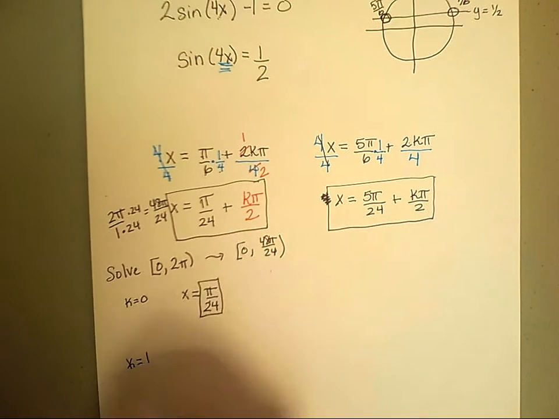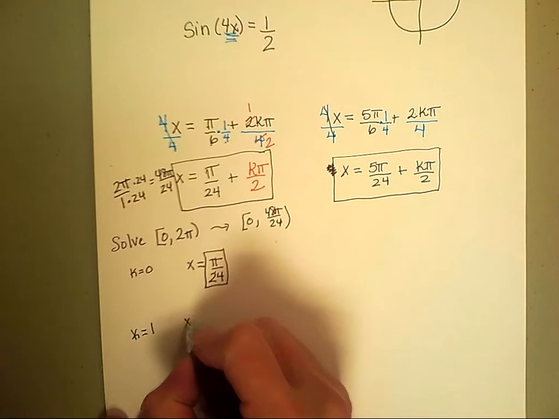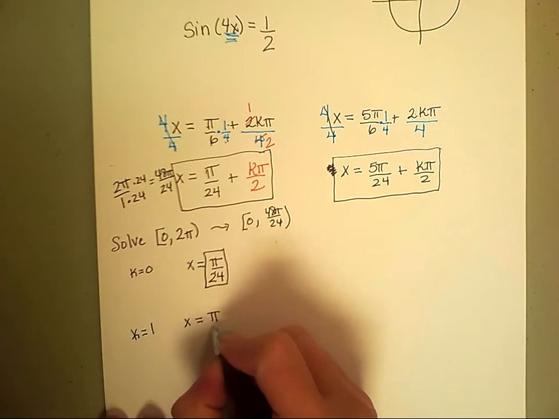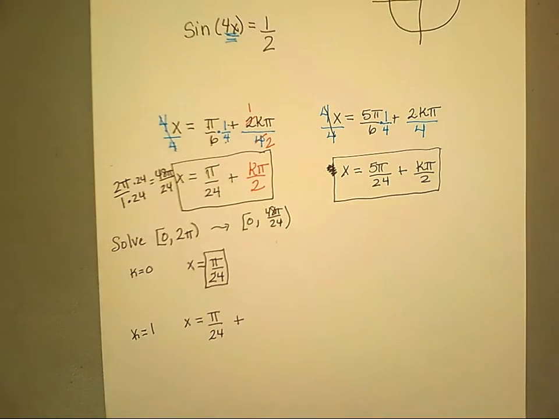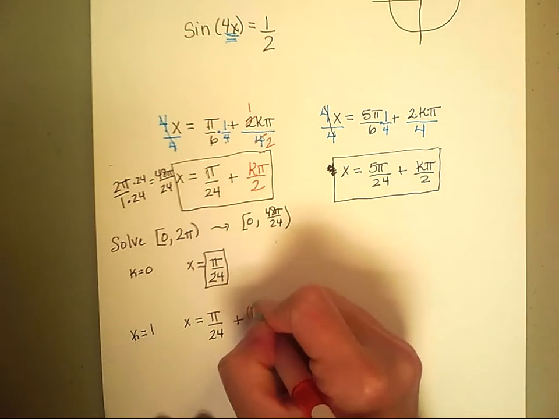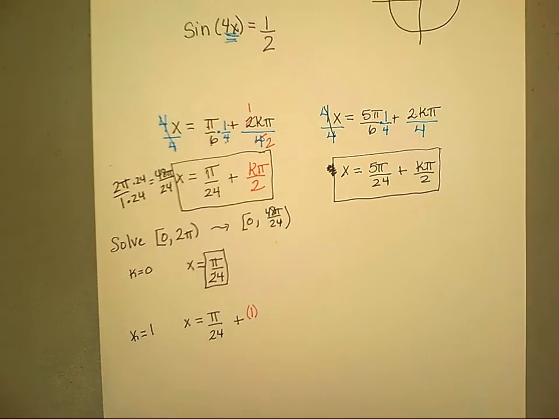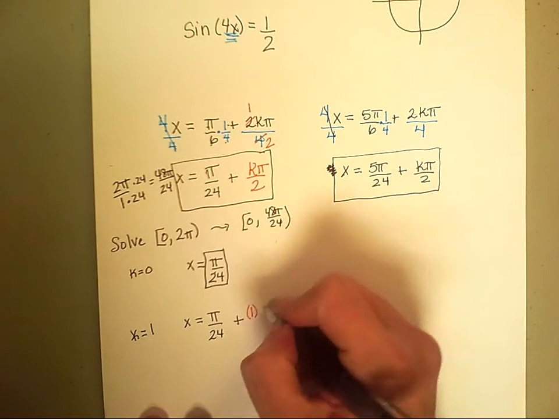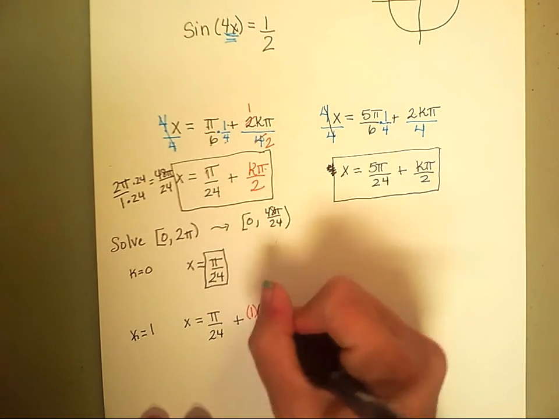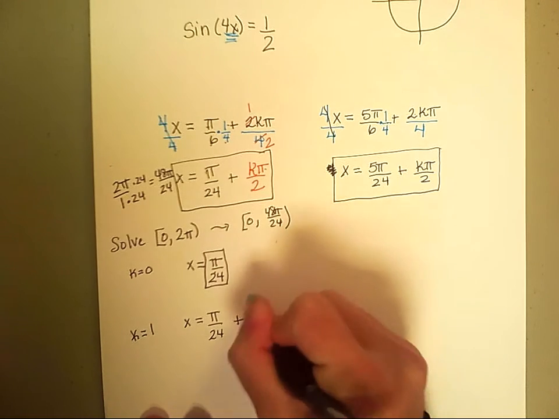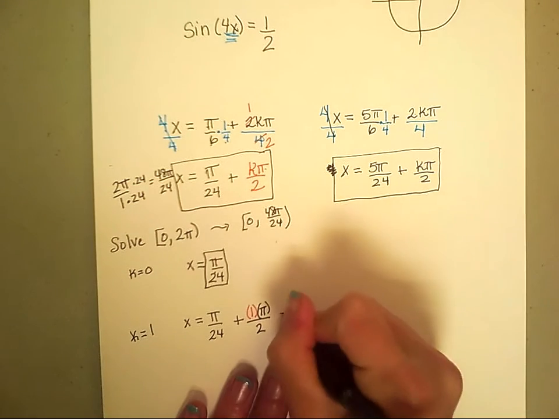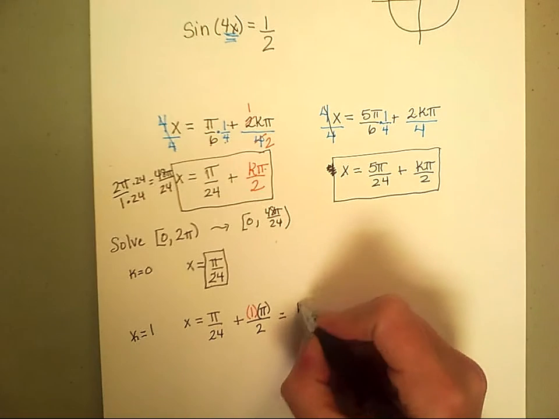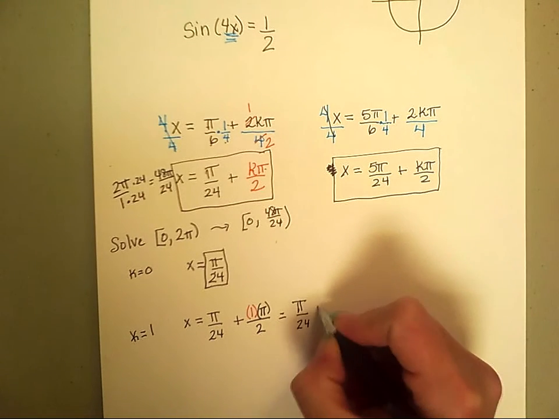So now we're going to let k equal 1. What happens there is that x is equal to our first one, π over 24, plus k, which is now 1, times π over 2. So that is equal to π over 24 plus π over 2.